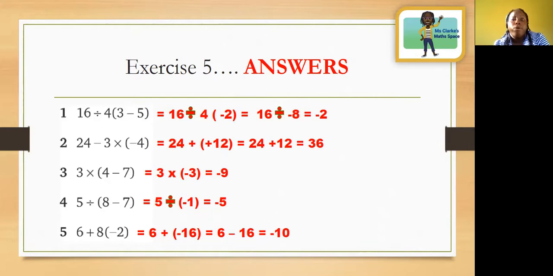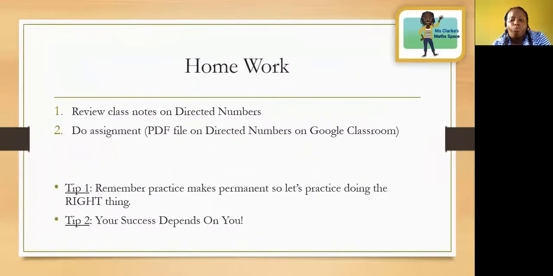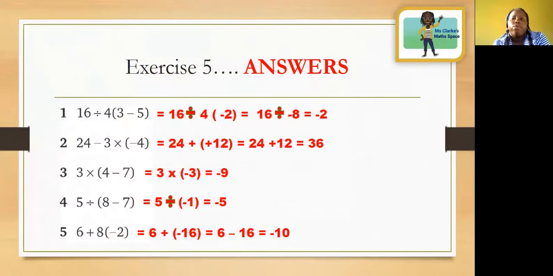So now you're going to say 4 multiplied by negative 2. A positive number multiplied by a negative number would give you a negative. So you end up having 16 divided by negative 8. Now we have a positive number divided by a negative number, and your answer will be negative 2. All right, so these are the other questions and the solutions here.